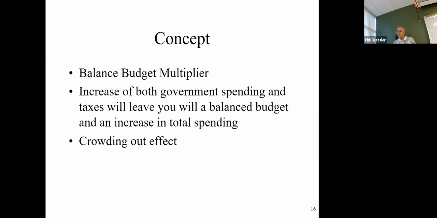It's the same the other way. If you decrease government spending by 1,000 and decrease taxes by 1,000, aggregate demand will decrease by 1,000. That's the balanced budget multiplier. Be wary: anytime they give you government spending and taxes, remember the government spending multiplier is bigger.